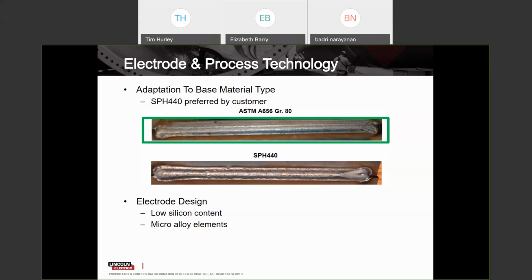And we also looked at different microalloying elements in the wire to see what effect that does to the formation of silicate islands. And in conjunction with modifying the welding process, we were trying to figure out if we could minimize spatter and modify the puddle fluidity to also give an optimal solution on this particular base material.